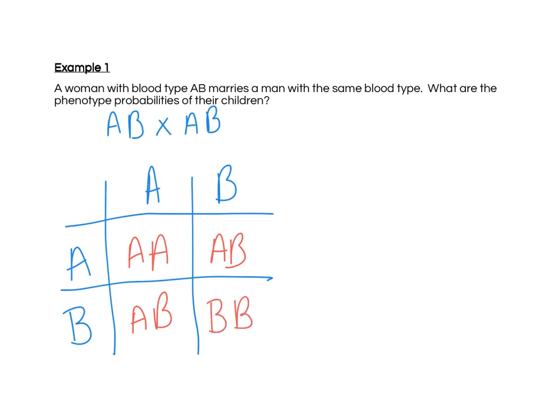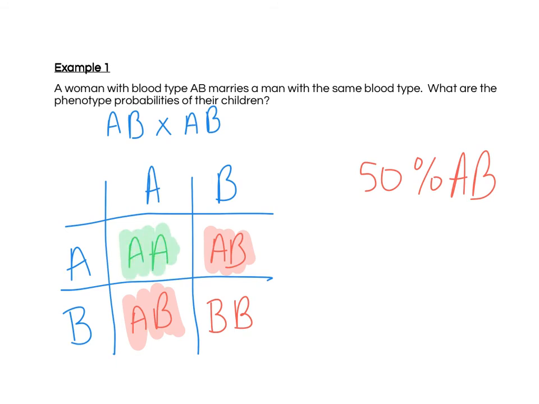So it looks to me like I have 50% AB blood type in the offspring likely to be happening, and I have 25% type A, and I would say type A, I wouldn't say AA, that's a genotype, and then I would have 25% type B blood.